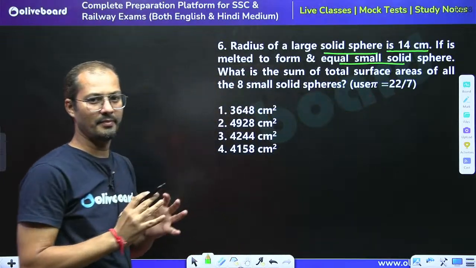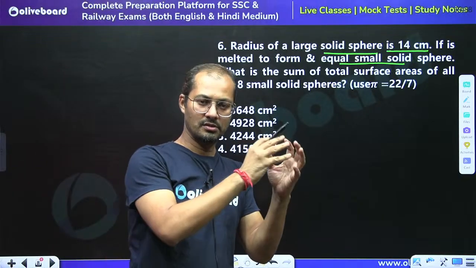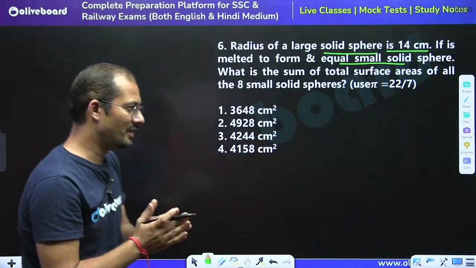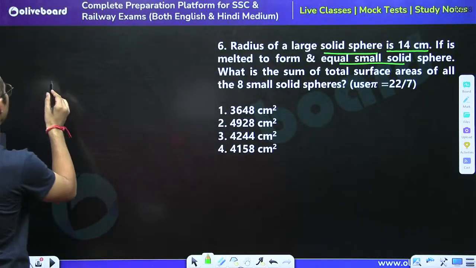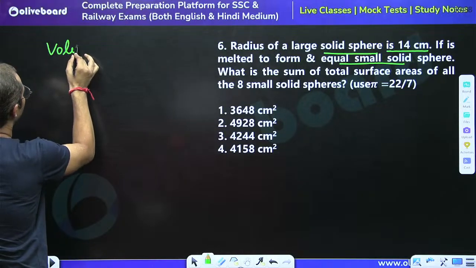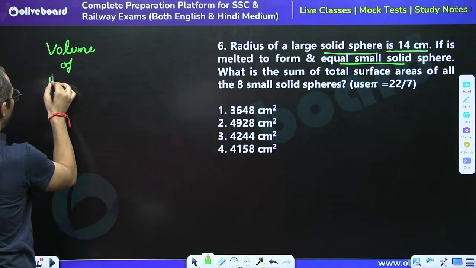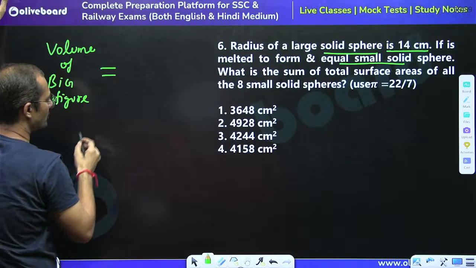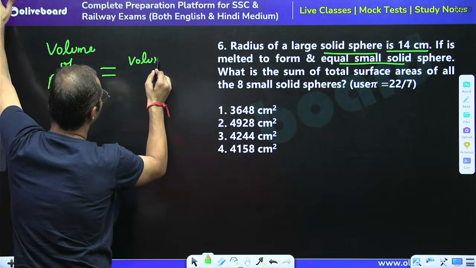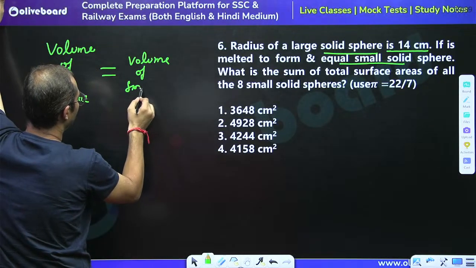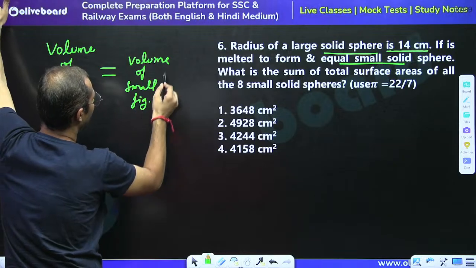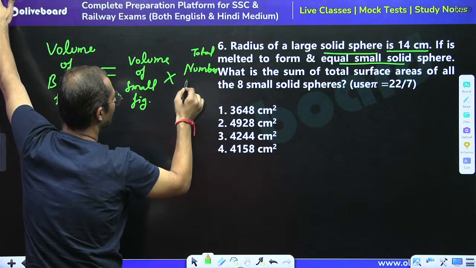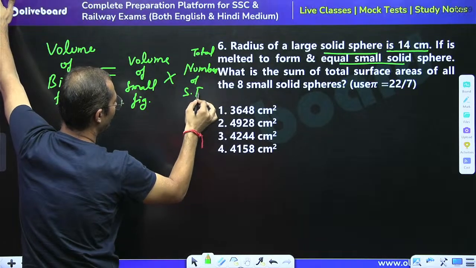One thing we have to remember when we create small figures out of a big figure after melting is that the volume of the big figure will be equal to the volume of a small figure into the total number of small figures, right?